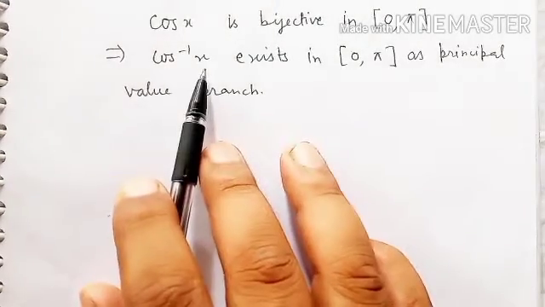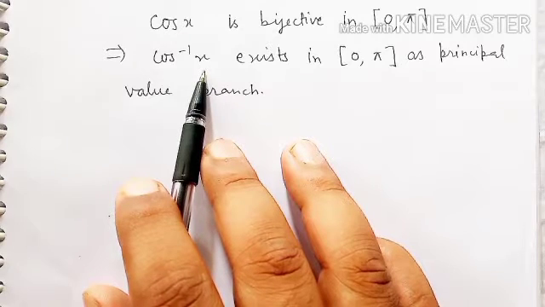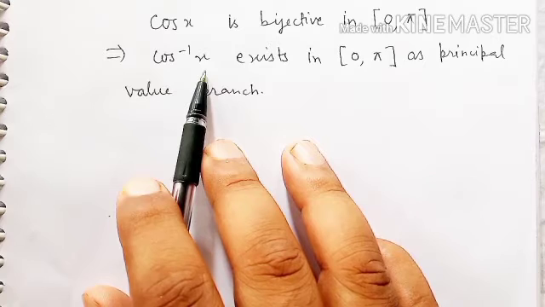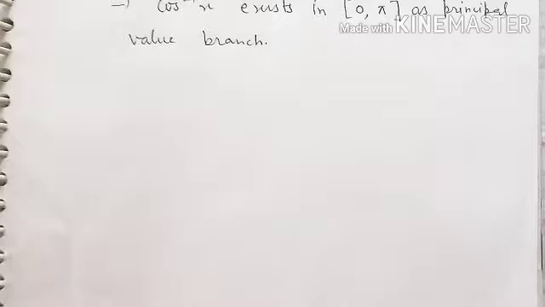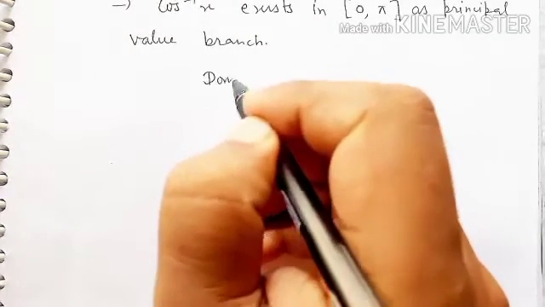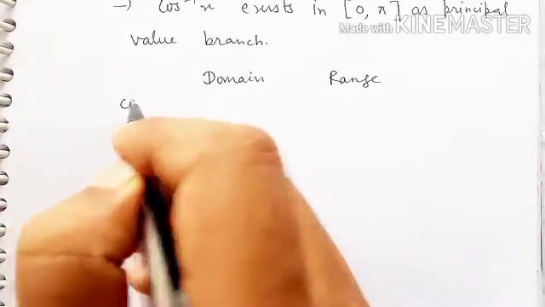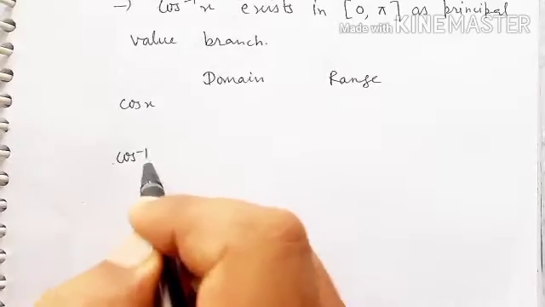So cos inverse x is the value of the angle for which cosine becomes x. Now let us discuss the domain and range of cos x and cos inverse x.